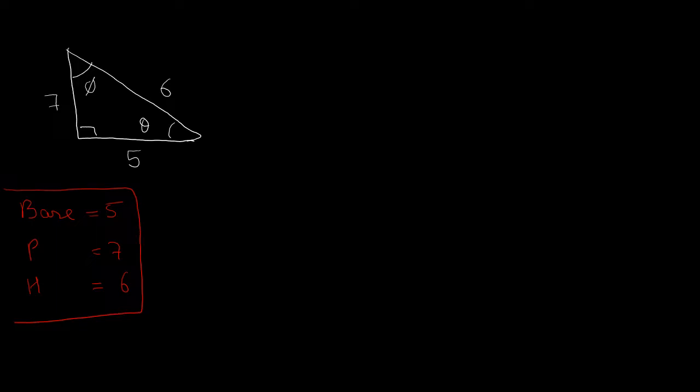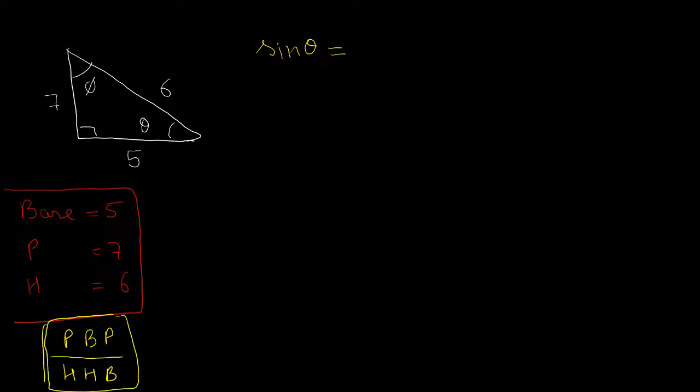Now if I want to find, first thing, the sine of theta, as I said, we have this thing PBP HHB for the relations of trigonometry. So sine of theta is perpendicular over hypotenuse. So my perpendicular is 7, hypotenuse is 6.